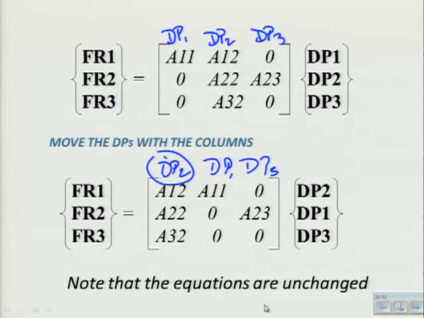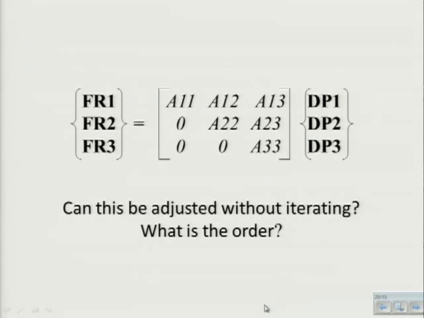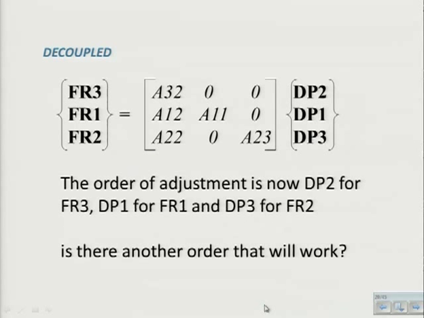Now, the thing about this is, that's imaginary complexity. It seems like a complex system. I keep fussing around with the order of the DPs, and adjusting this DP and going back, it seems complicated. But once I know the order of adjustment, it's not complicated. And note that I could actually switch these two and it wouldn't matter, because I can put this back into a triangular form.